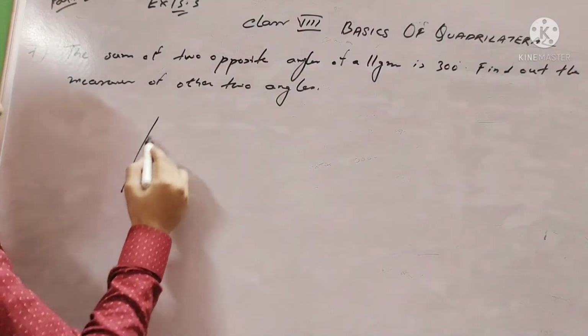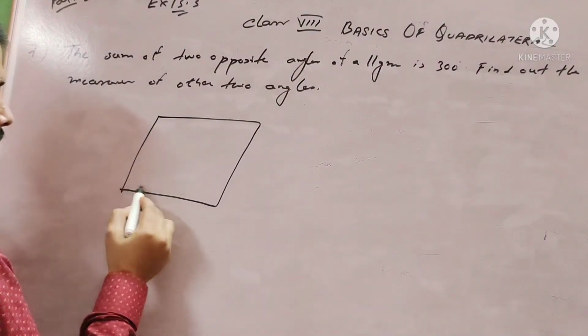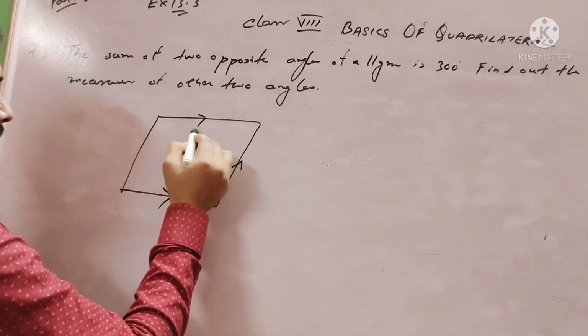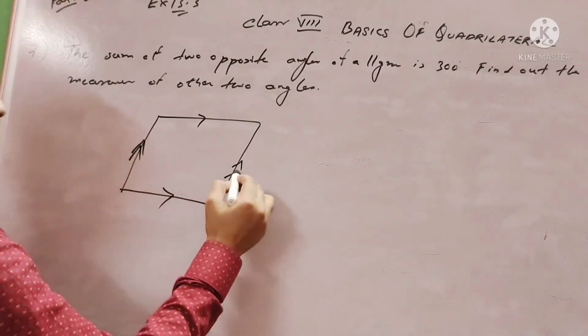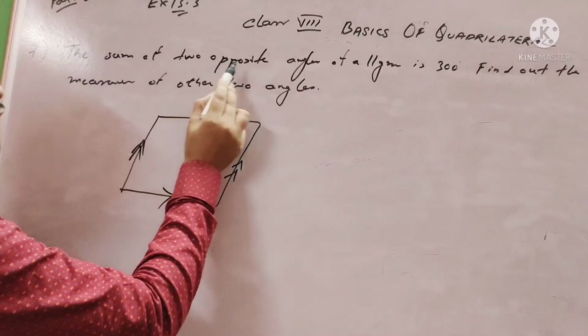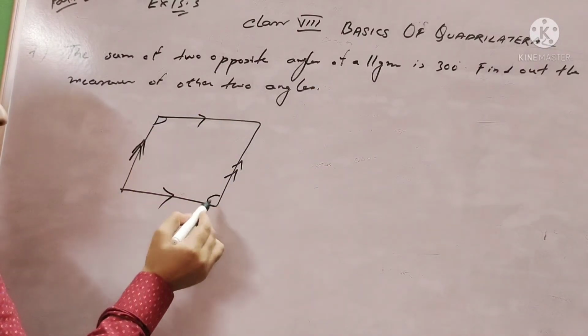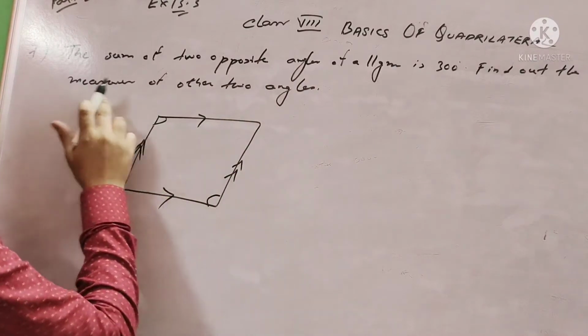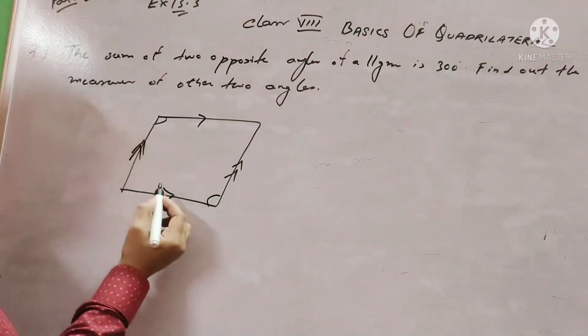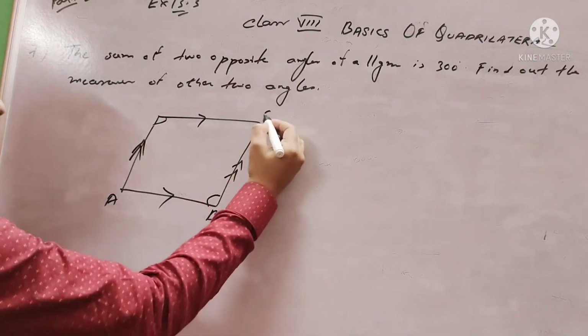So first of all, you draw a parallelogram. The sum of opposite angles of a parallelogram is 300, given. Find out the other two angles. Suppose ABCD.